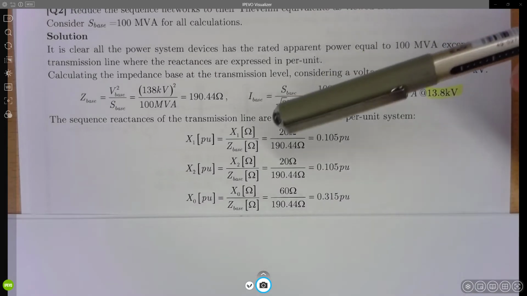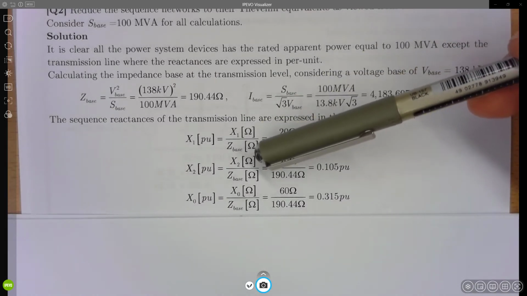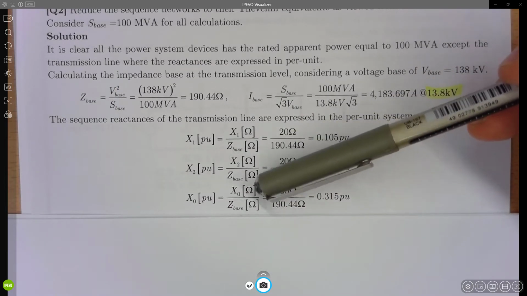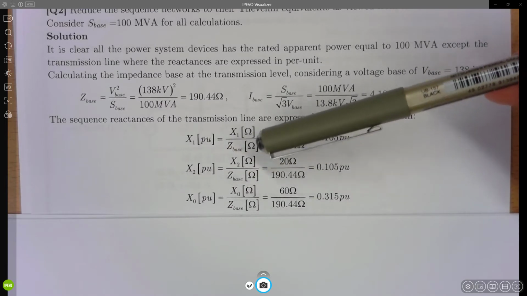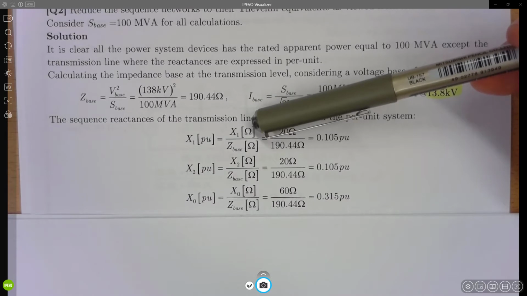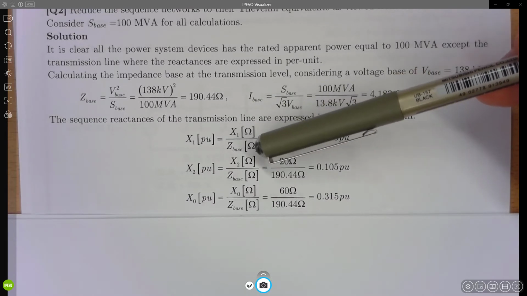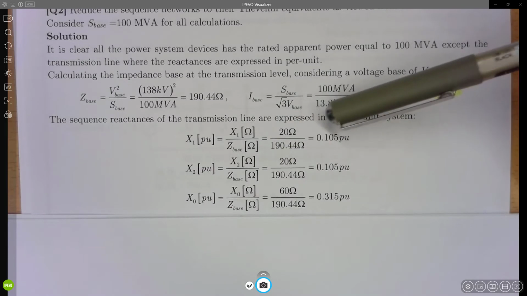What we need to do is calculate the positive, negative, and zero sequence reactances, all in per unit. It's extremely simple: divide each reactance by the base that we already calculated.